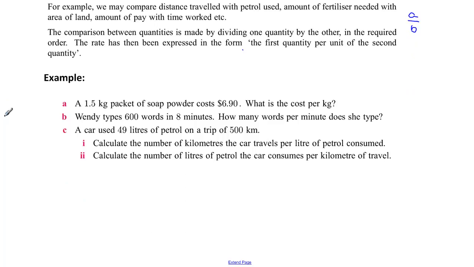Here's the first example that we've got. A 1.5 kilogram packet of soap powder costs $6.90. What is the cost per kilogram? Well, first of all, this rate is comparing cost with weight. So we'll just write this down, that we compare cost with weight.